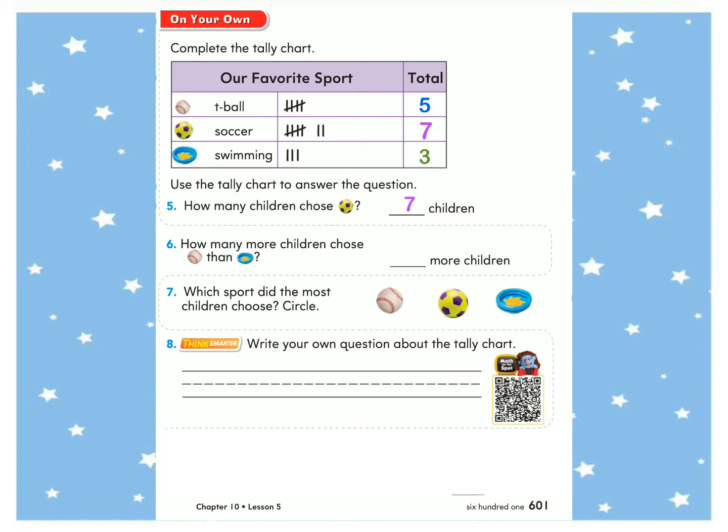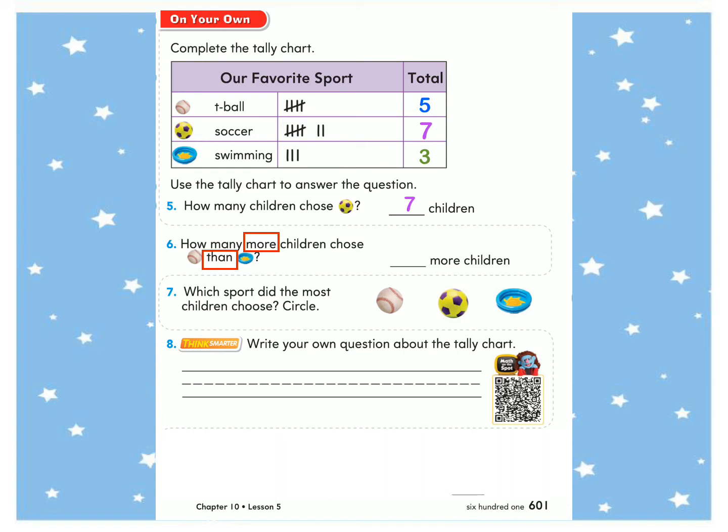Now, number 6. How many more children chose the T-ball than swimming? Again, this is a comparison question because we read the words more than, the same as fewer than. We are going to add or subtract. Tell me.